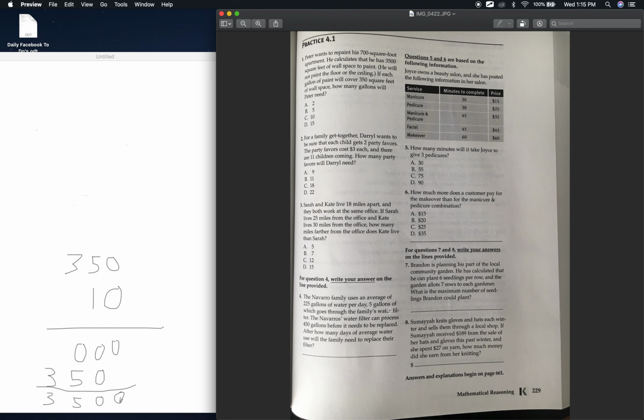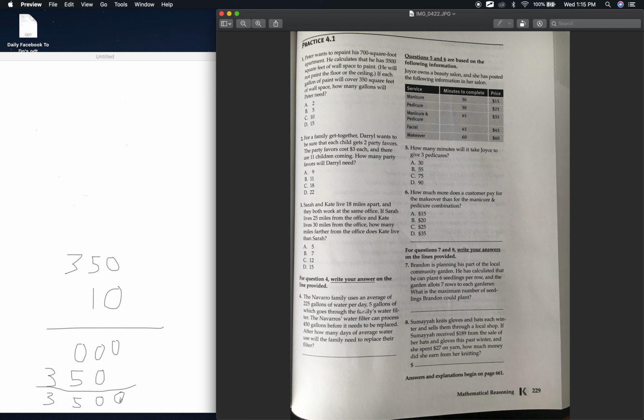Okay, so looking at additional information, it's this over here, 225 gallons. We don't really need to know that. We only need to know what's going through the filter, because that's what we're trying to see, at what point we need to change.